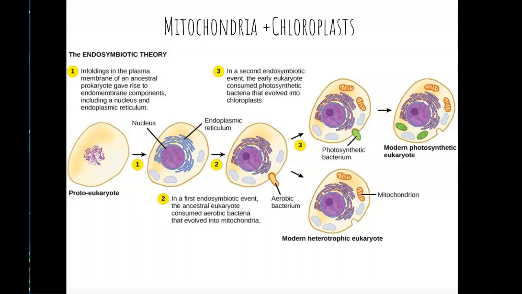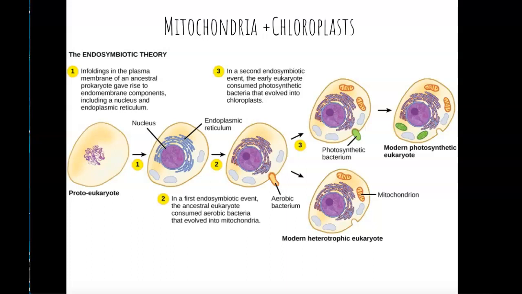From there, these ancestral cells were then able to have endosymbiotic events through the process of phagocytosis, where they took in smaller bacterial cells, and those cells became our mitochondria and the chloroplasts in plants.